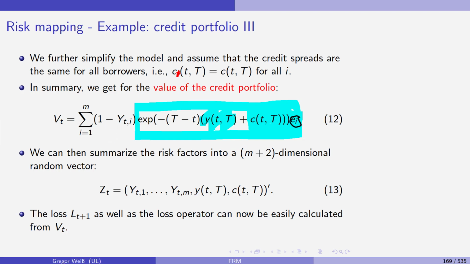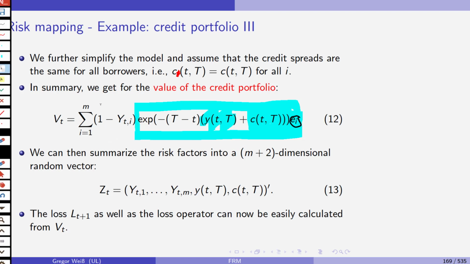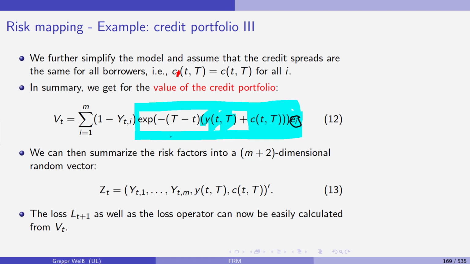So if we have a default, there will be 1 minus 1, so this is 0, so the whole term will vanish from our sum. If it does not default, then it will be 1 minus 0, and the whole discounted value of the loan enters our portfolio value.